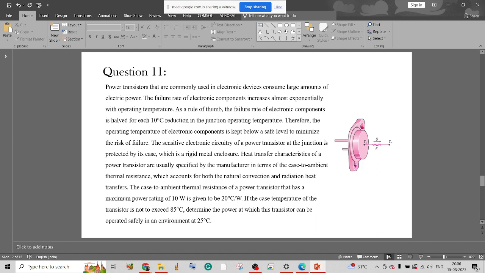Therefore, the operating temperature of the electronic components is kept below a safe level to minimize the risk of failure. The sensitive electronic circuitry of a power transistor at a junction is protected by its case. So the case temperature is what is required for us in this question.